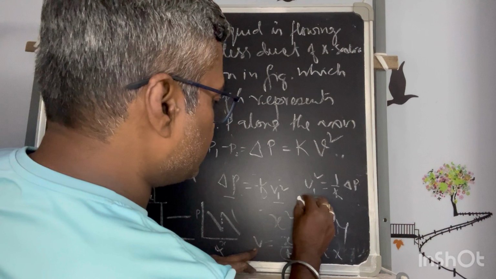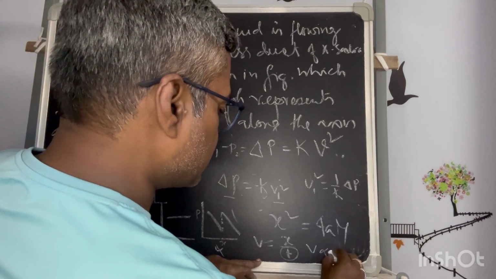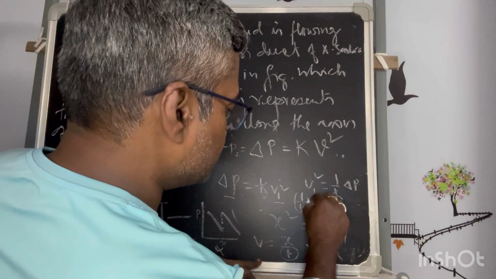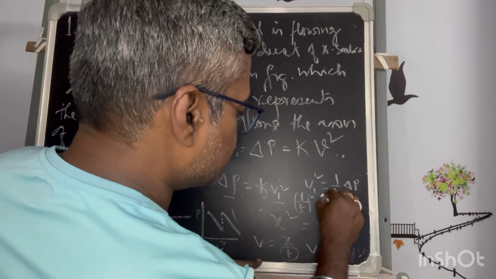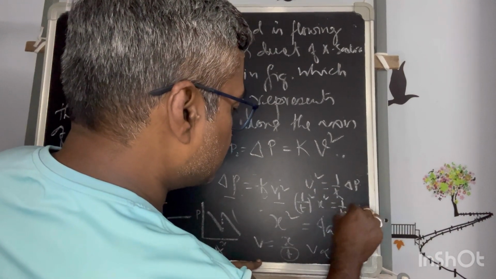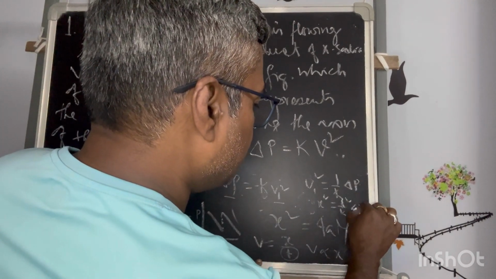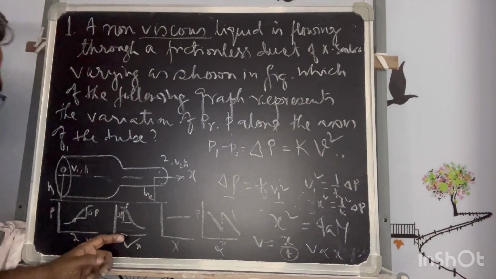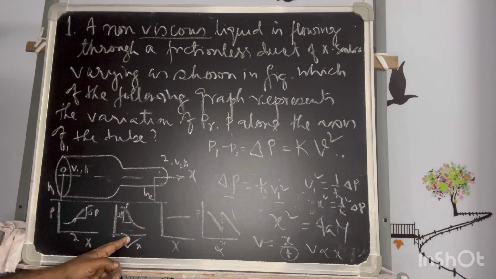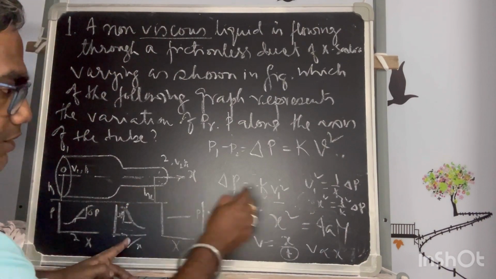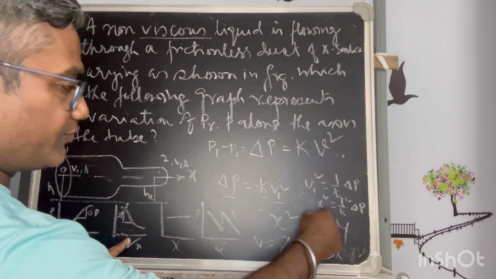So this can be converted into a constant: 1 by t whole square, which is constant, into x square is equal to 1 by k into t square into delta p. Now it is good. If I change x a bit, then delta p will change in second order of x.